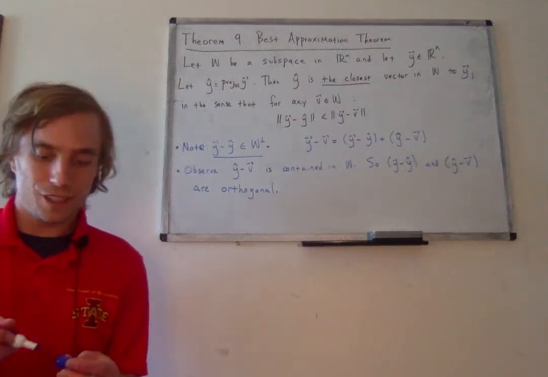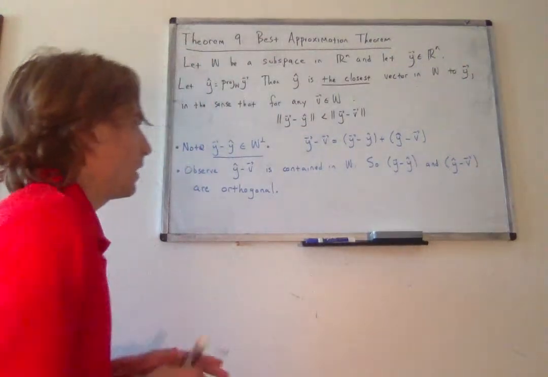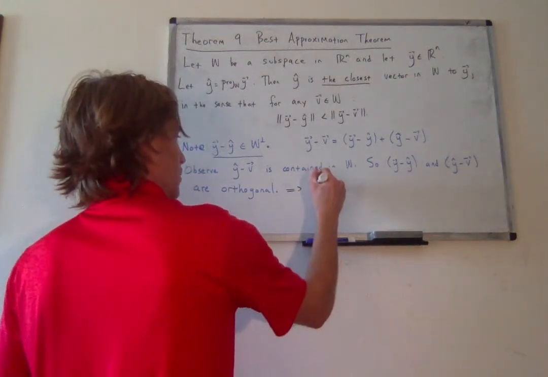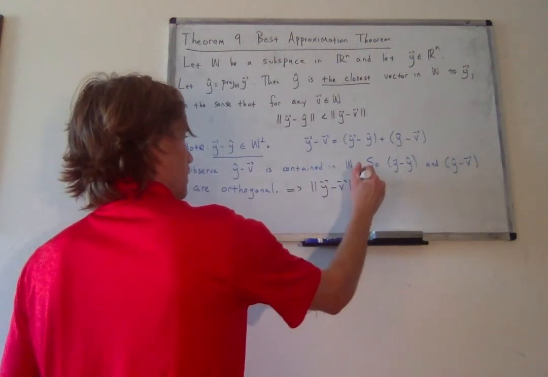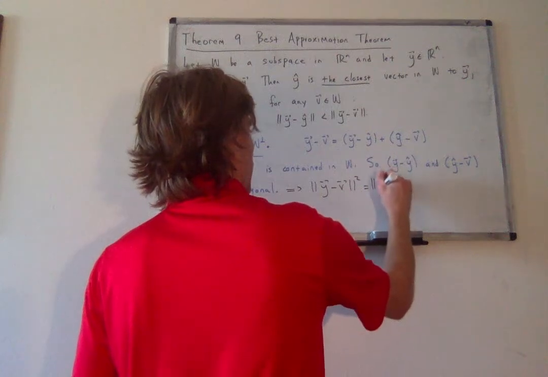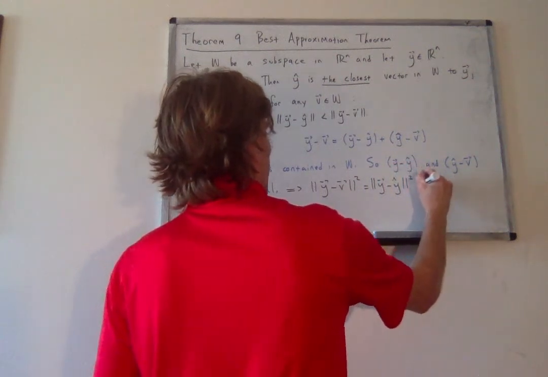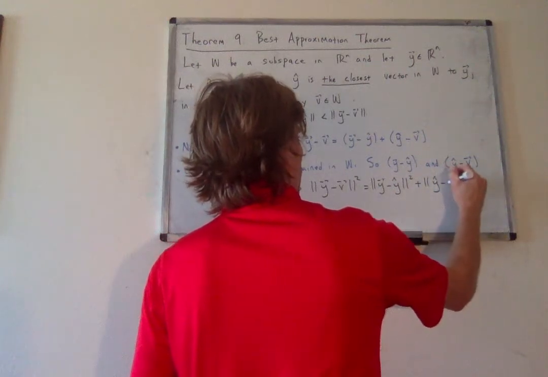So now we can call on, of all things, the Pythagorean theorem. And what this implies is that the squared length of y minus v is equal to the sum of the squared lengths of these two vectors. And again, that's because these two vectors are, in fact, orthogonal.